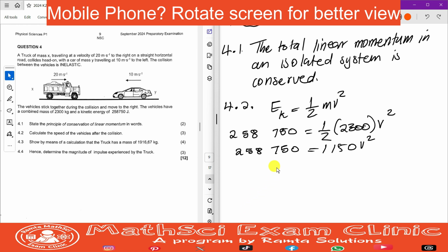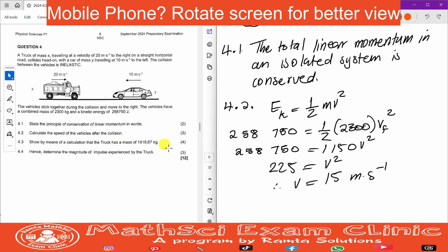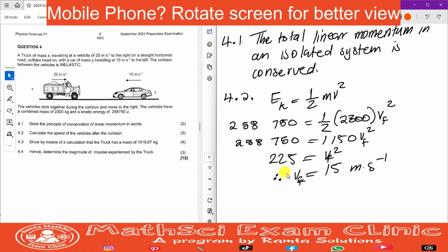It gives us 225, equals V squared. Therefore, we can say V equals 15 meters per second. So the final velocity equals 15 meters per second.